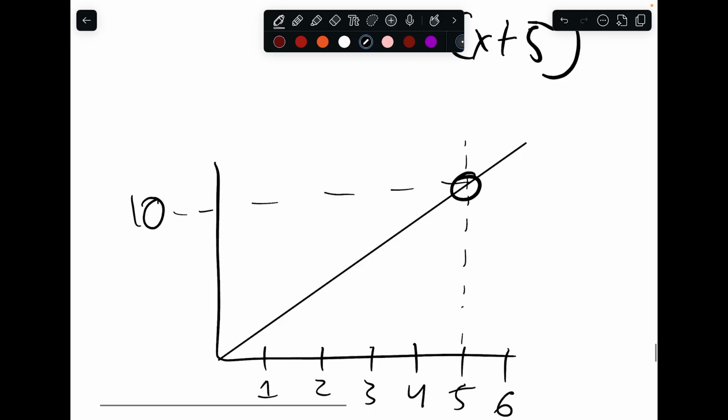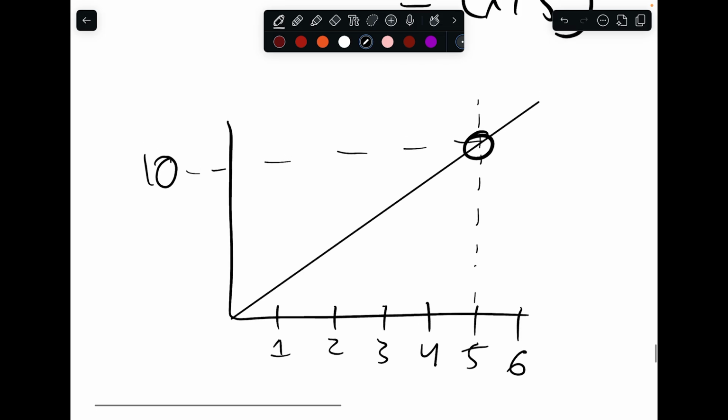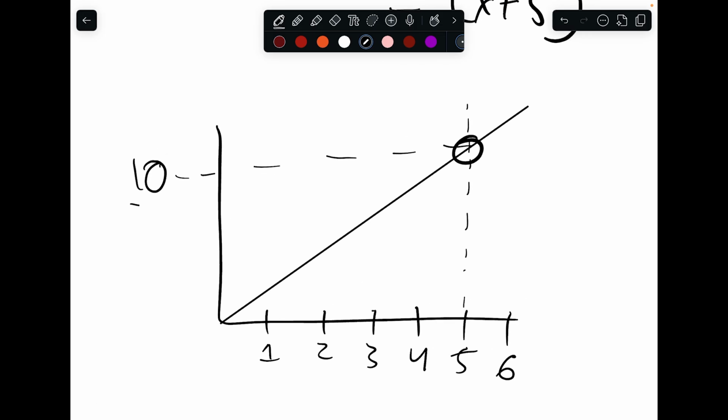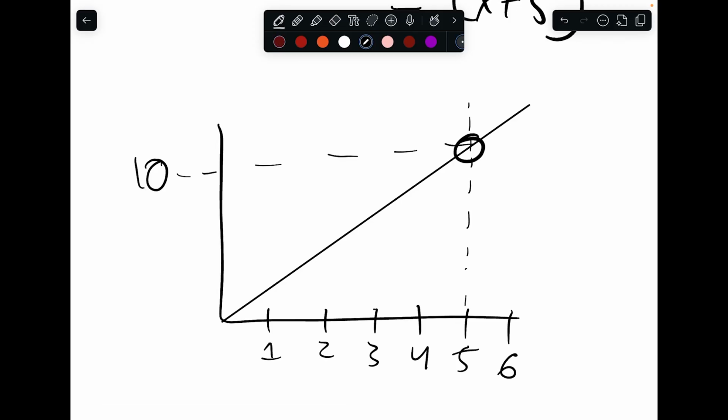Just because a function does not have a value defined in itself doesn't mean that its limit can't equal that value. So what do I mean? Look at this. When we're coming from the left side right here, we can see that we clearly approach 10. And when we come from the right side too, we can see we also clearly approach 10.